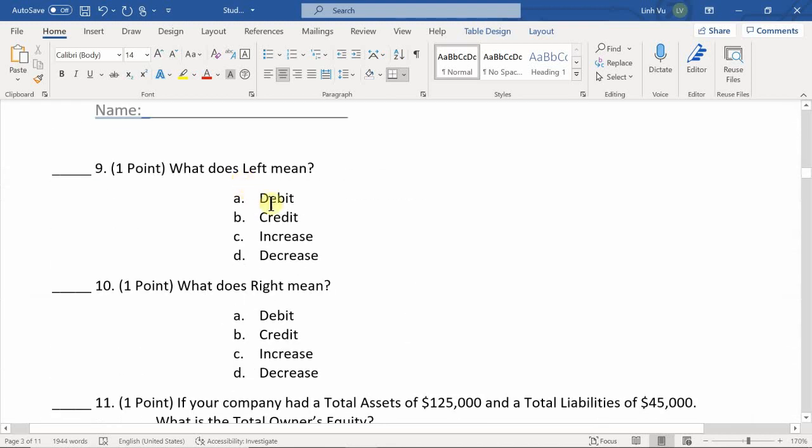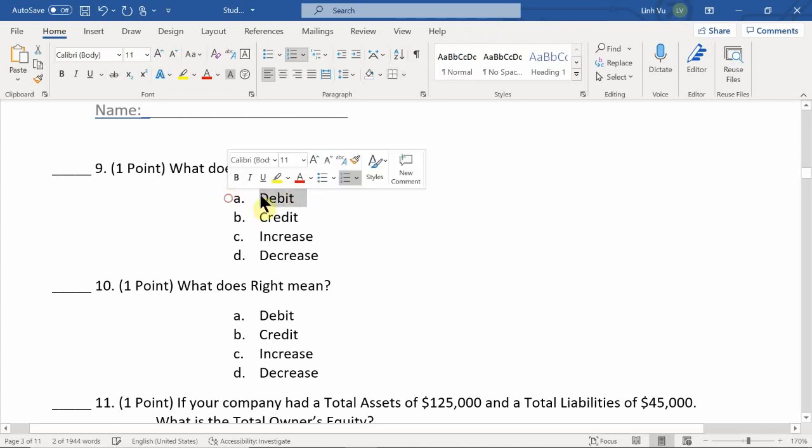Okay. Now, continuing on, number 9, what does left mean? Debit. It means debit. Good.